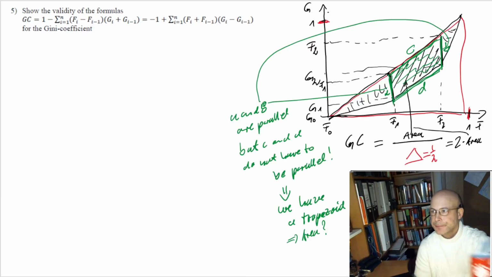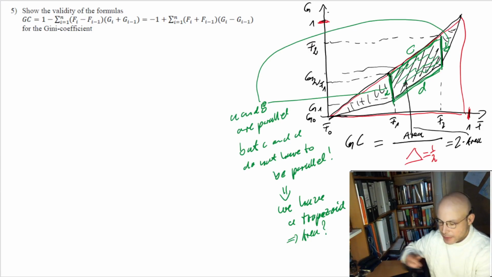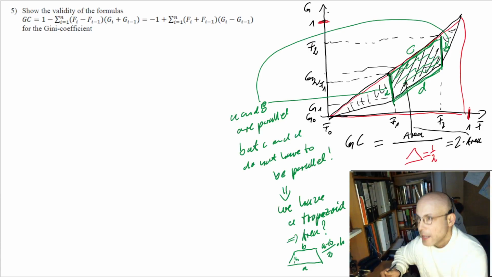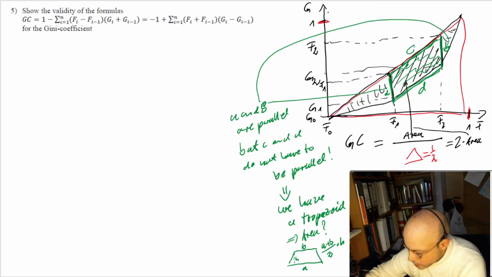Well, the area of a trapezoid is the sum of the two parallel sides divided by 2 times the height of our figure. So if we draw it like this, A, B, and then this is H, the area is A plus B over 2 times H.